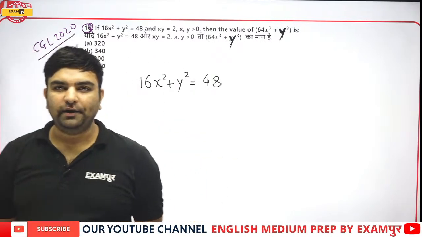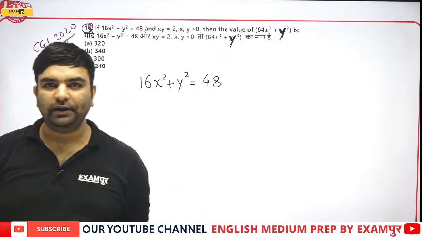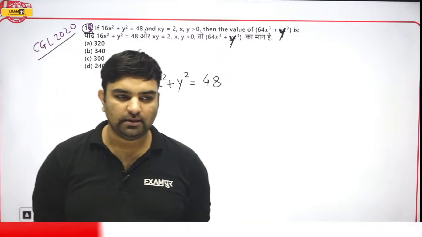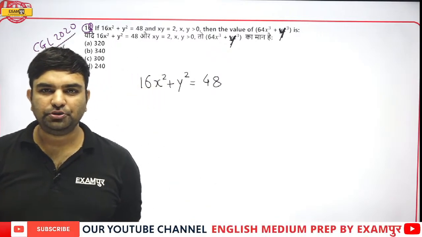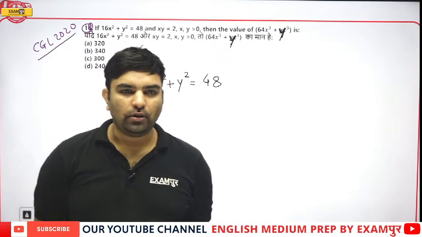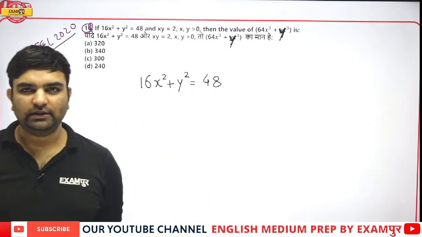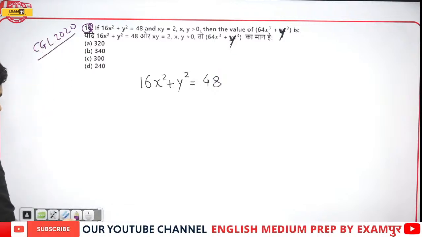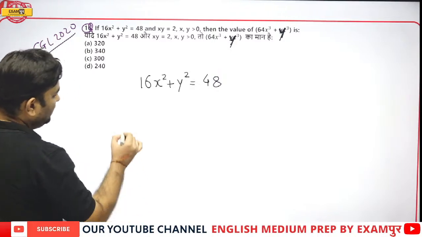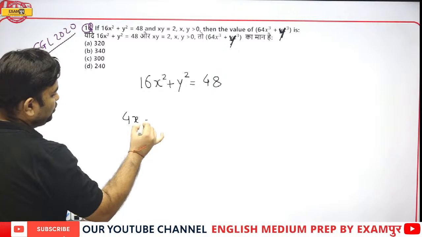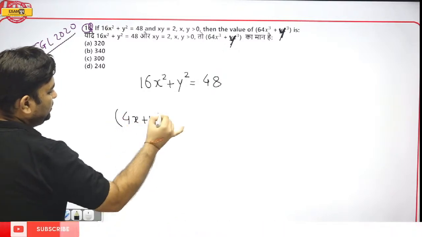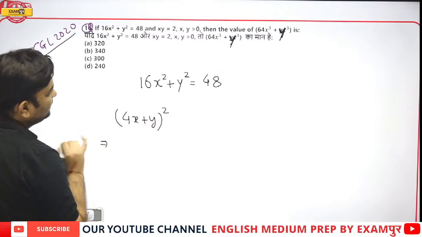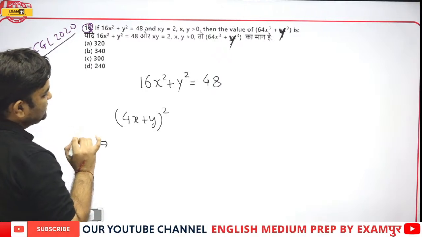Are you able to identify the values by looking at the options? If not, then you have to do the squaring of (4x plus y) whole square.